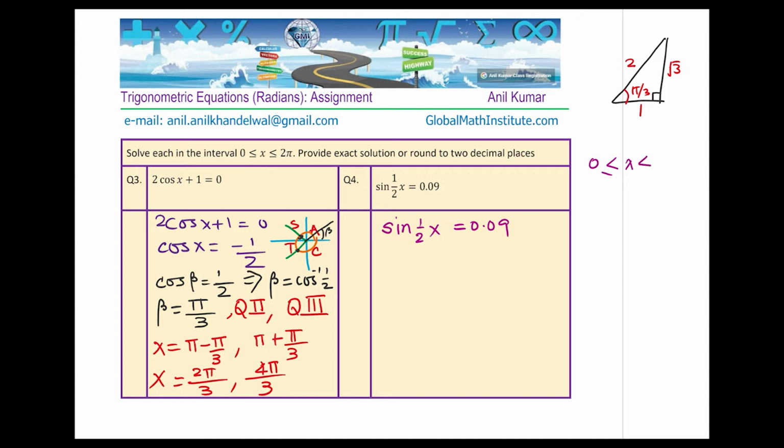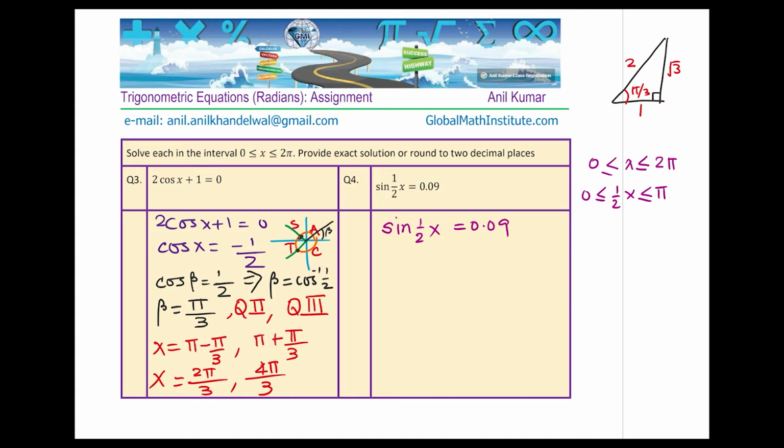We are looking for x to be between 0 and 2 pi. Now half of x will be between what? Dividing by 2, we get 0 to pi. Correct? So that is what we are expecting.